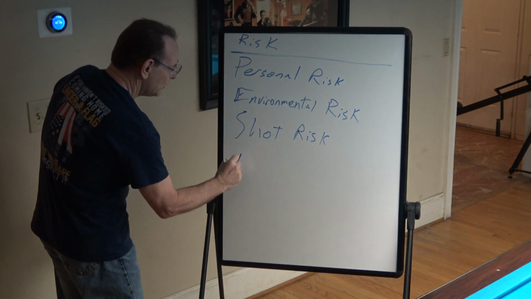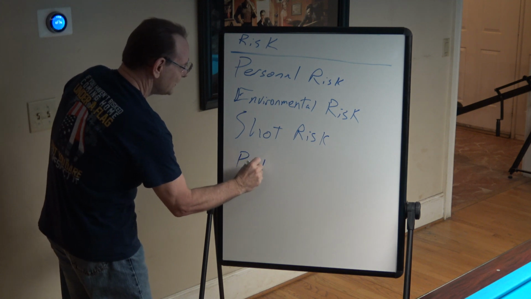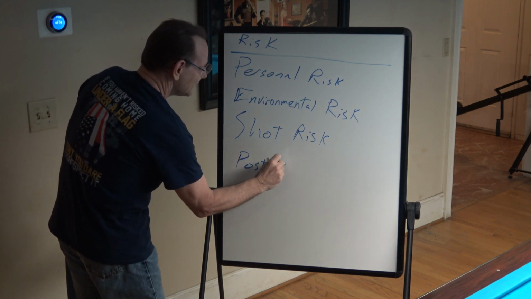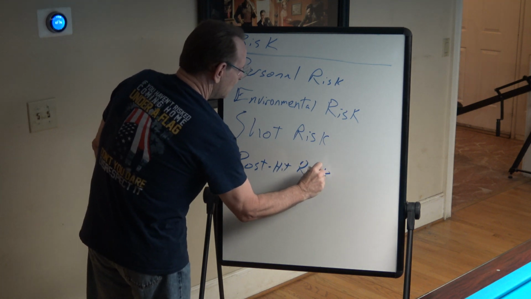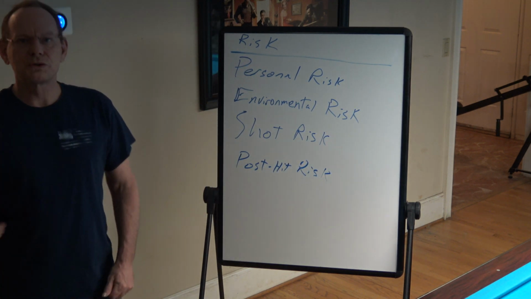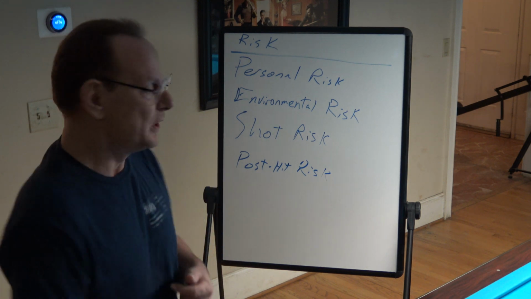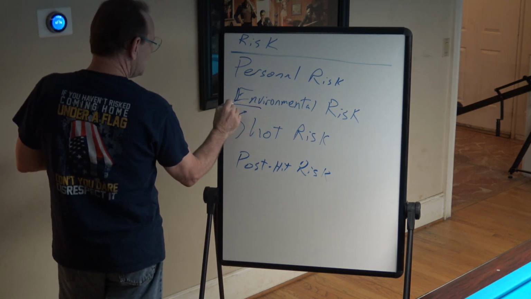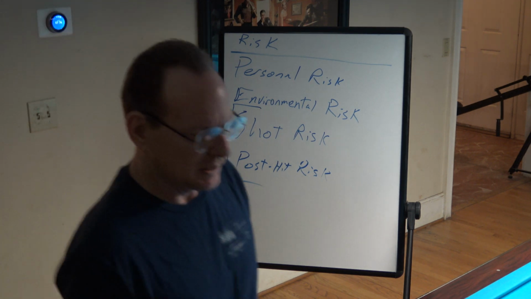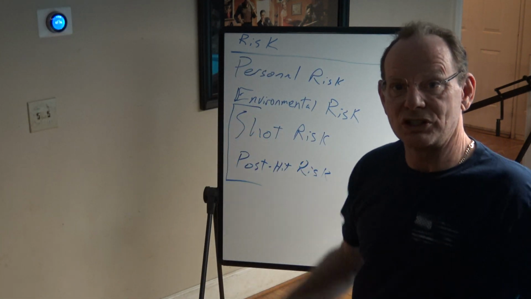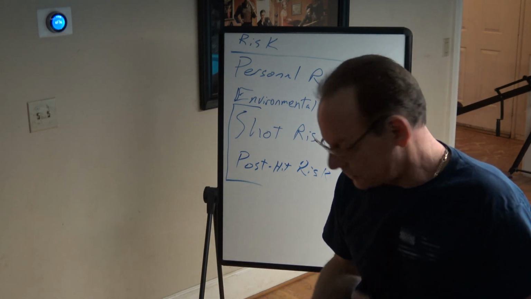And then you have post-hit risk. Okay? Now, almost everybody that talks about risk is focused on these 2, shot risk and post-hit risk. Okay? But you need to know that the other ones exist, that personal and environmental exist.